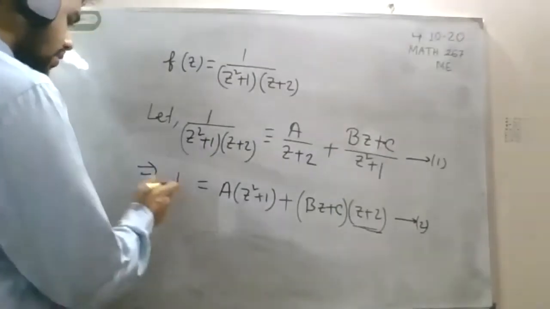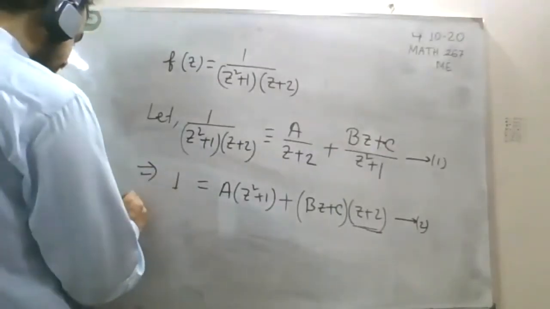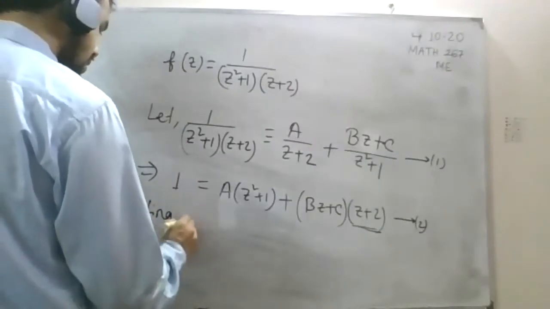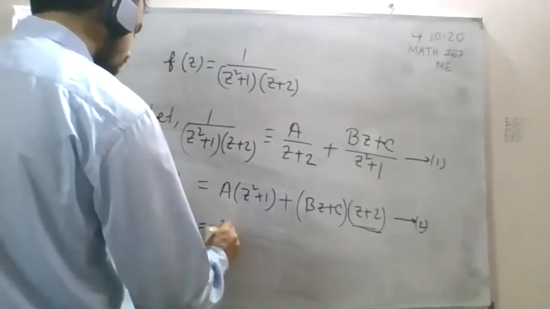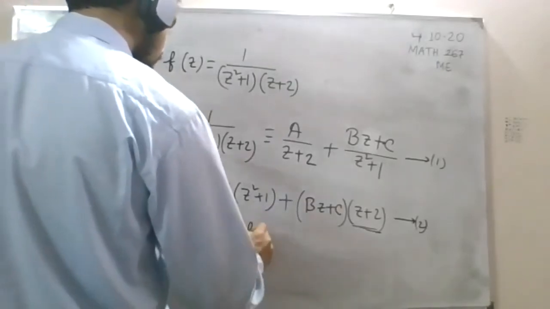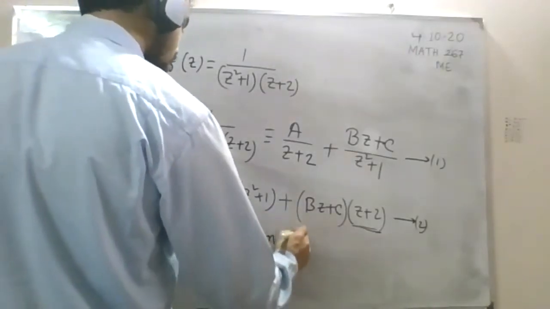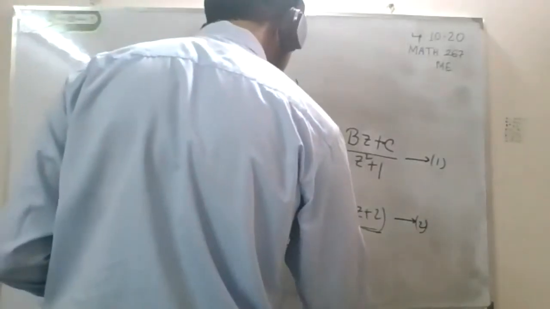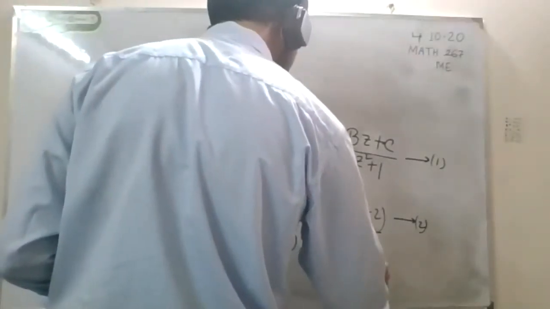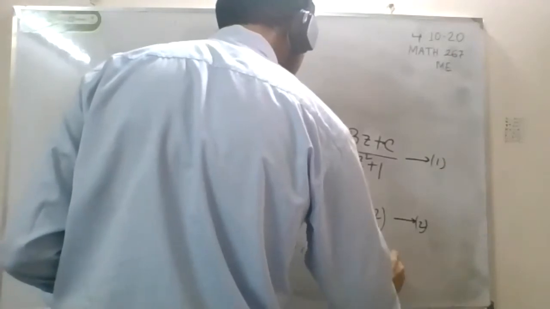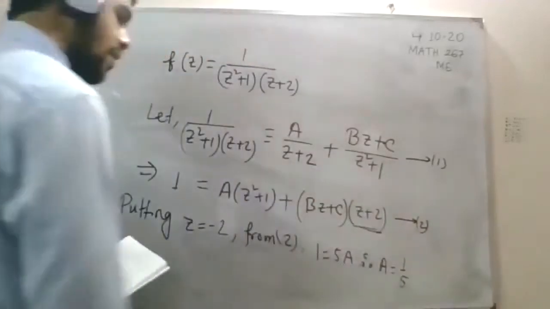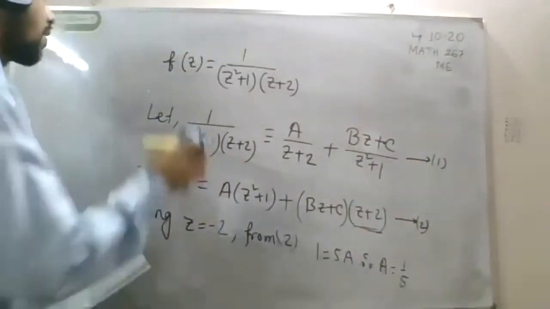So here, putting z equals -2 in equation 2, you get 1 equals 5a. Therefore a equals 1 by 5.